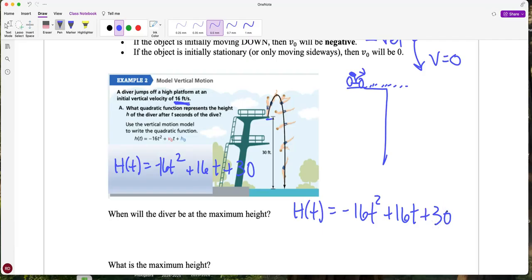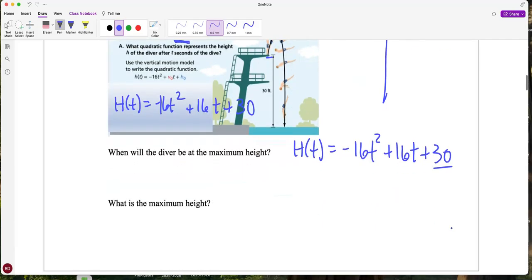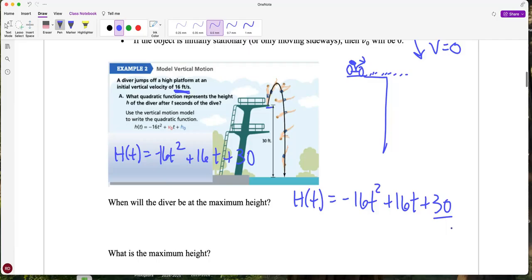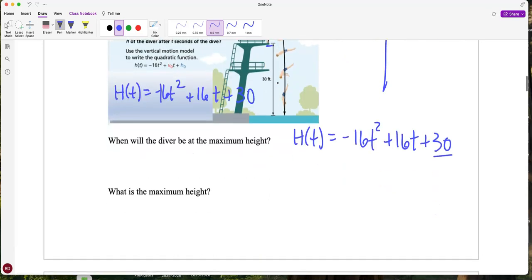If I want to figure out the initial height, when t is 0, I get h is 30. Okay, that's how I get that to be the initial height. When will the diver be at the maximum height? So this is just code for maximum height is at the vertex. So go find the vertex. If I'm in standard form, I know that the vertex is going to be t equals negative b over 2a.